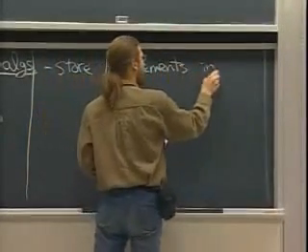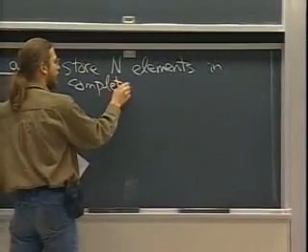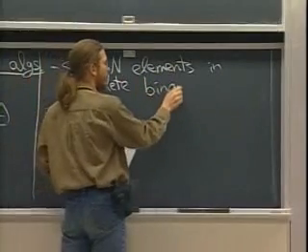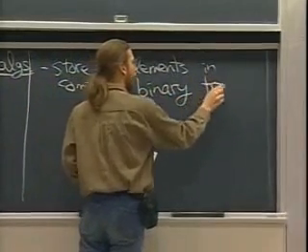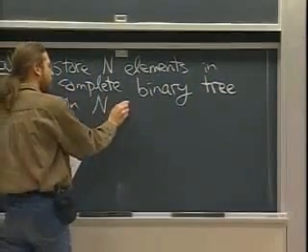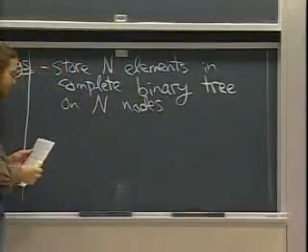We're going to store our n elements in a complete binary tree. We can't use B-trees because we don't know what B is, so we'll use a binary tree. And the key is how we lay out that binary tree. The binary tree will have n nodes, or you can put the data in the leaves, doesn't really matter.